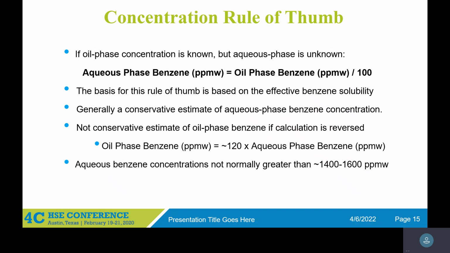So they will let you do some of this because we understand that it is a lot of money going towards this program. So they don't want you to sample everything. Now, an important thing, another thing that I see in a lot of tabs, they say, oh, this is water and it's 1800 ppm. Well, the maximum solubility of benzene in water is 1800. If you think that's water, you're looking at oil at that point.